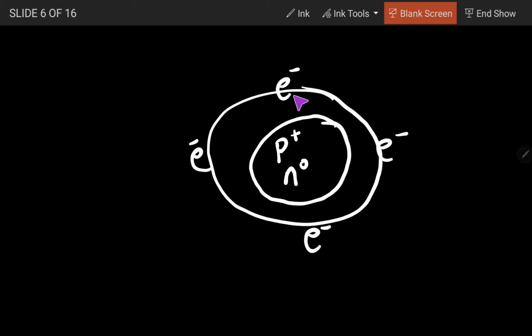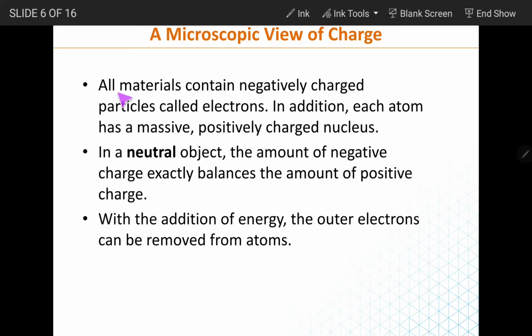The electrons have the negative charge, and the protons have the positive charge. All materials contain negatively charged particles called electrons, and in addition, each atom has a massive positively charged nucleus.